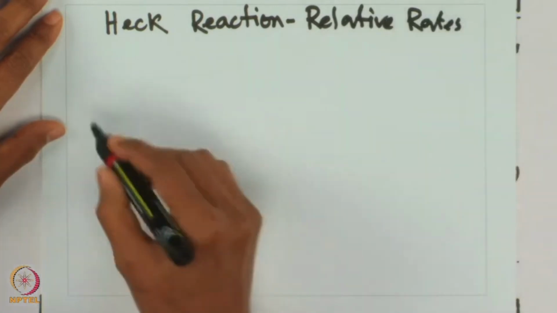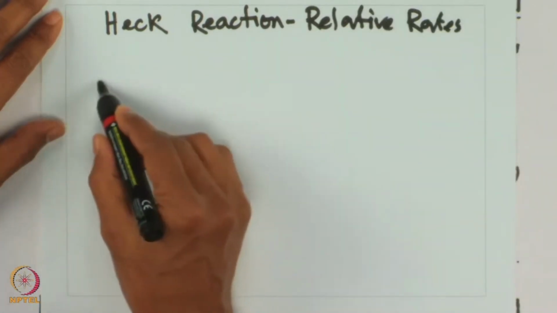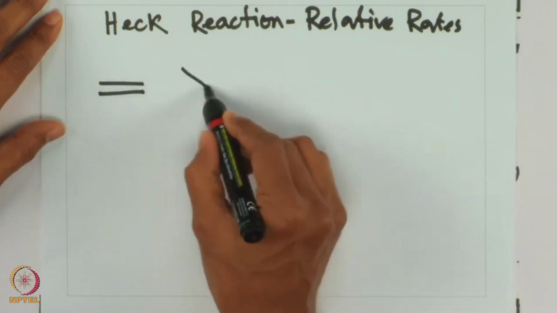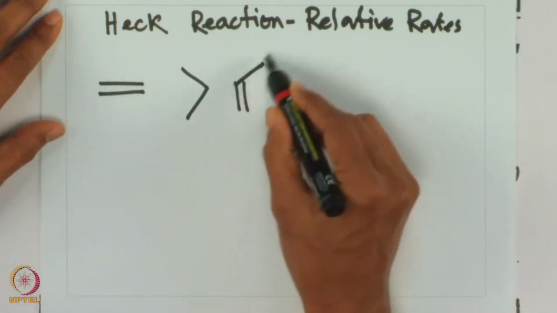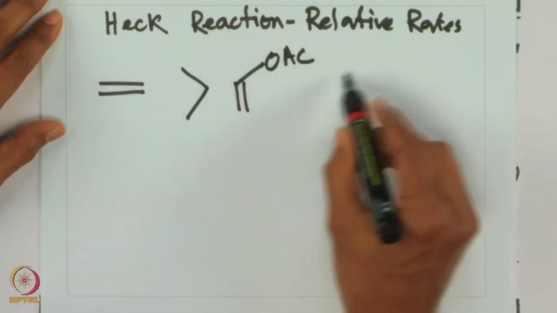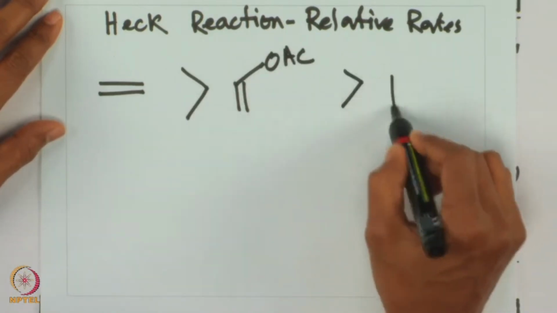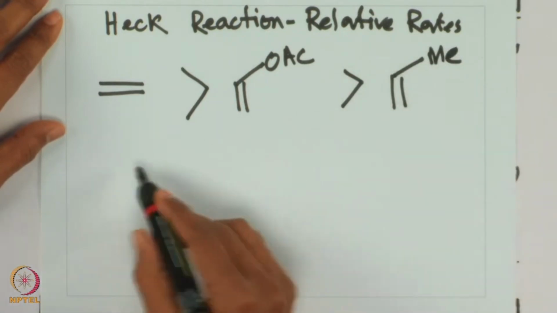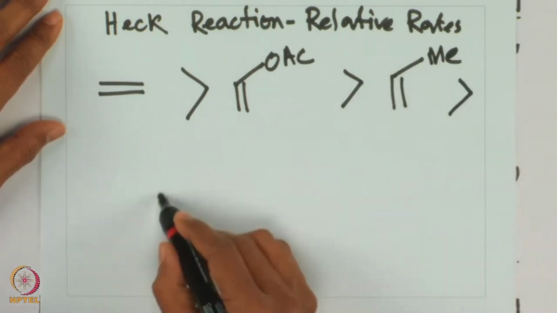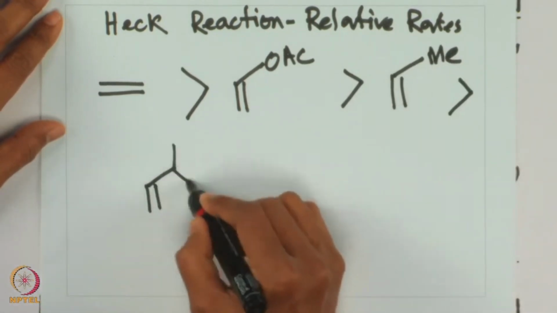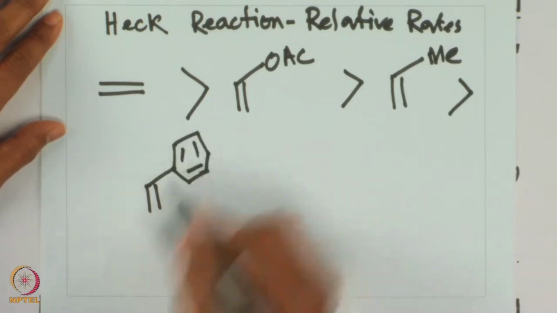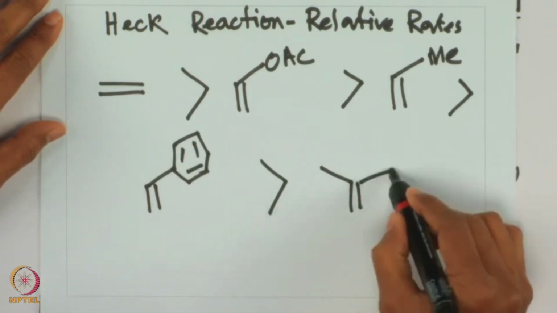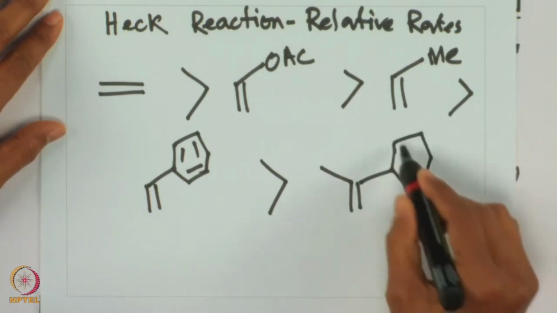What was found is that in terms of olefin, simple ethylene is most reactive, then the acetate substituted olefin, then an electron rich olefin such as this, and this is more reactive compared to the styrene, and subsequently we see alpha methyl styrene.